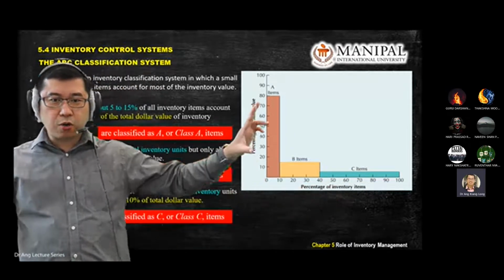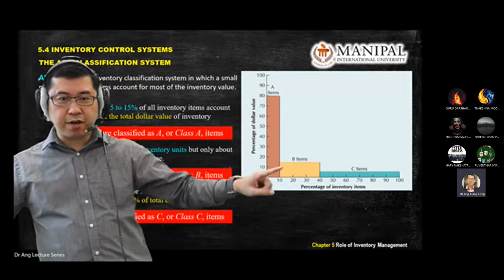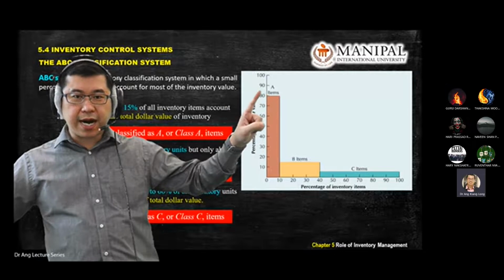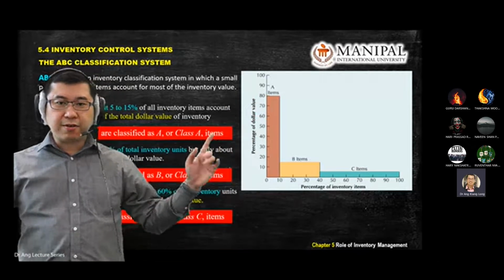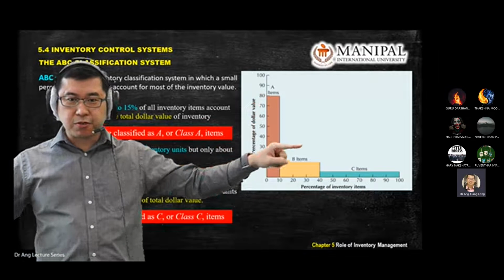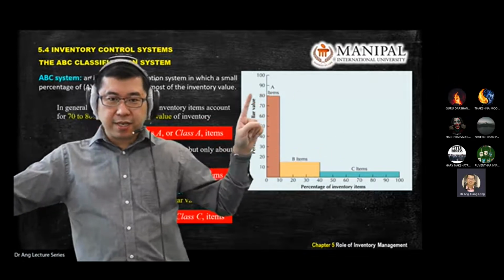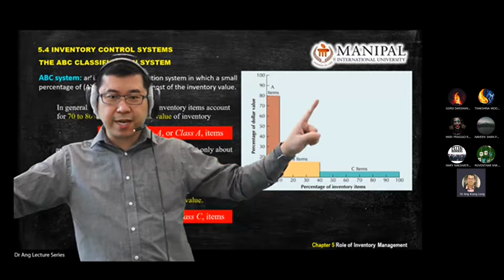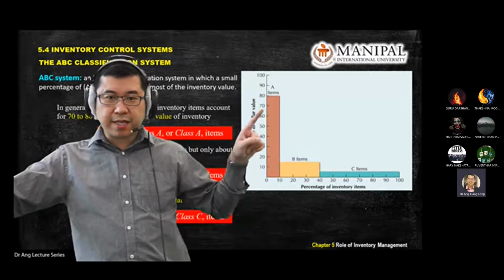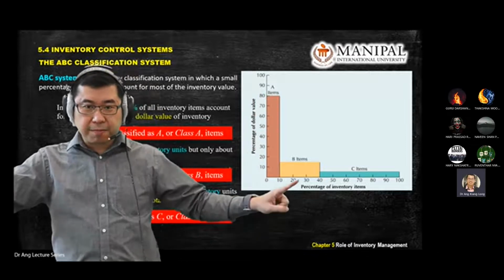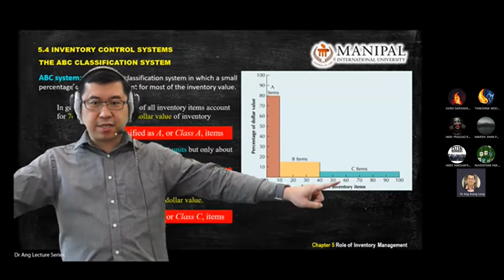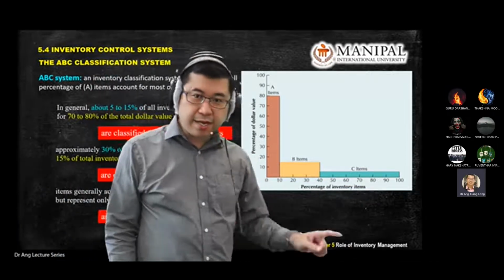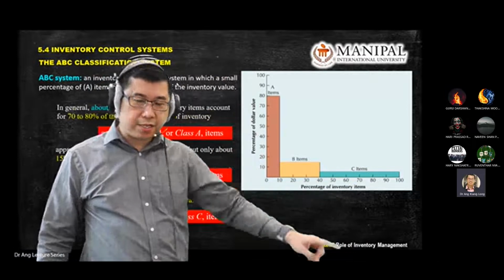So as you can see, all those expensive and small amount items fall under class A. In your handouts, you don't have all these labels. You need to label in the graph. I purposely took out all these labels. So this one is item A or class A, B, C. C, as you can see, is cheap and a lot. Okay, label A, B, C.